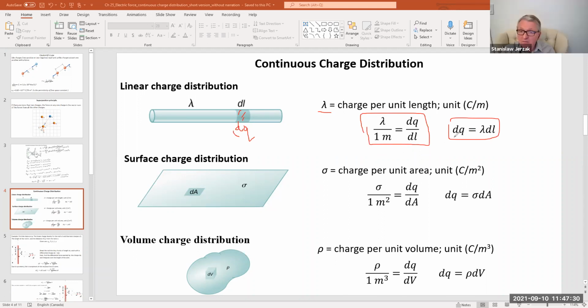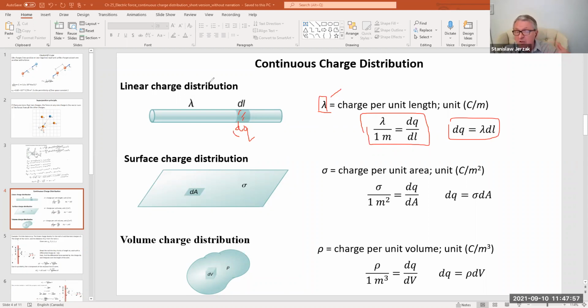Let us clarify this slightly more precisely. First of all, the unit of lambda is definitely coulomb per meter, and that lambda we call linear charge density. I did not write that, I regret that, but lambda is called linear charge density. So instead of distribution here, write linear charge density.